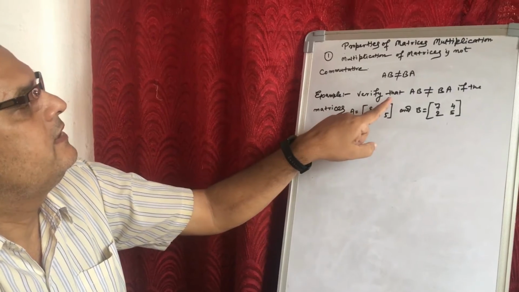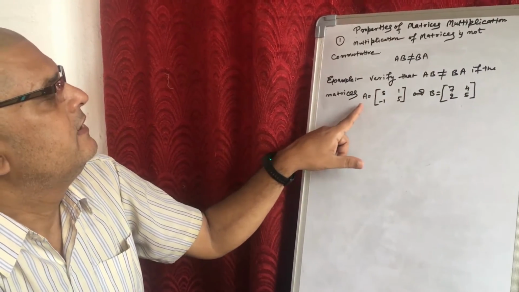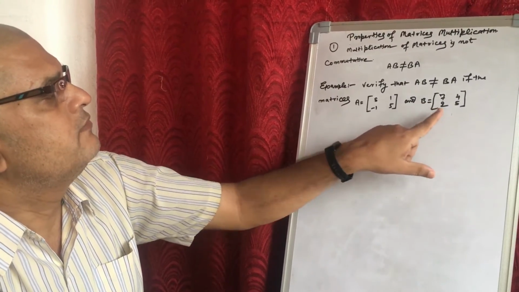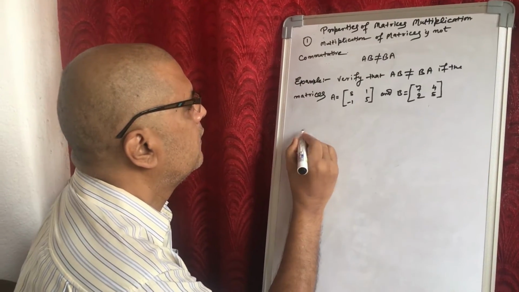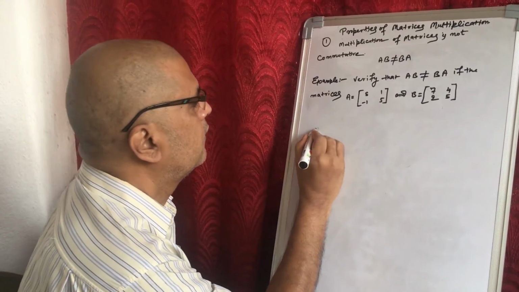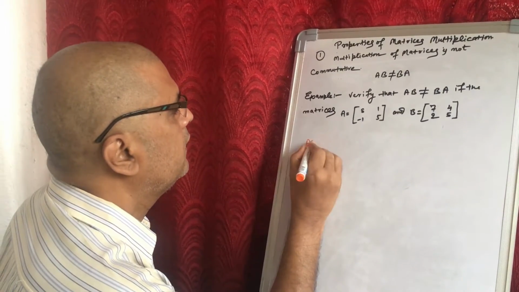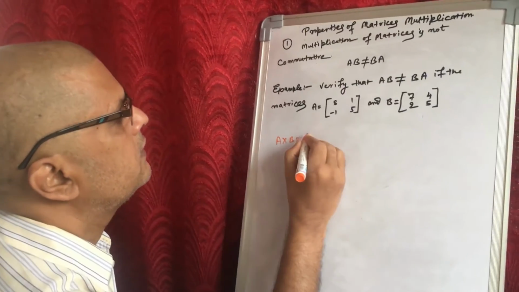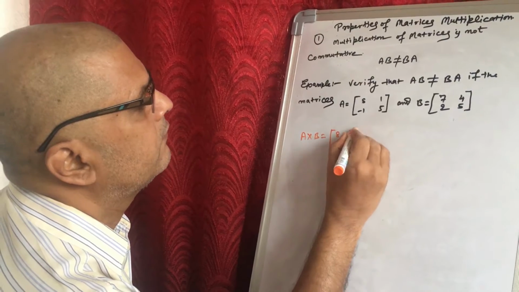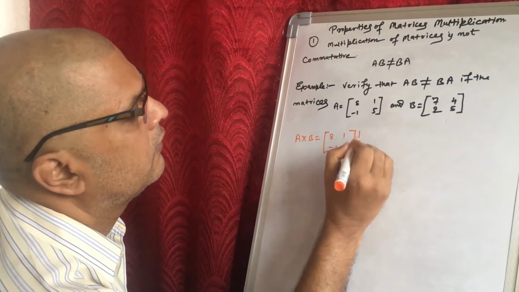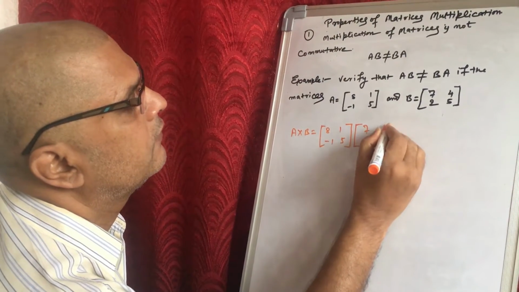The example is: verify that AB is not equal to BA if the matrices A and B are as given. Now see. A into B is equal to [8, 1; minus 1, 5] into [7, 4; 2, 5].